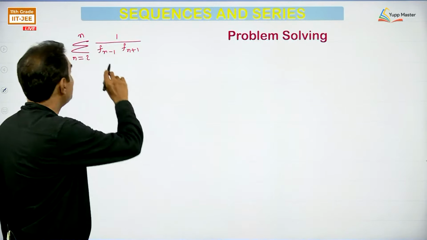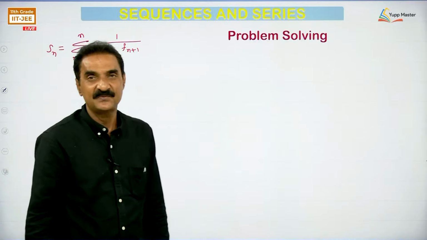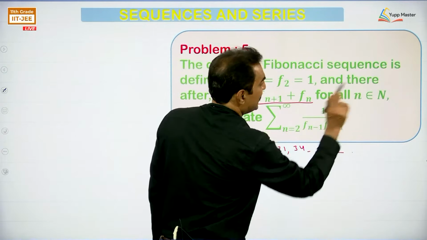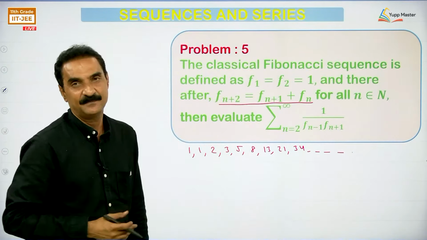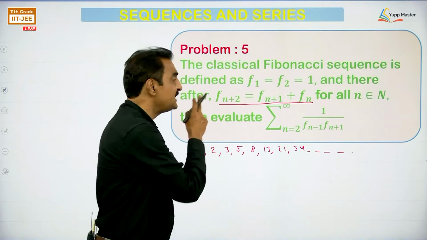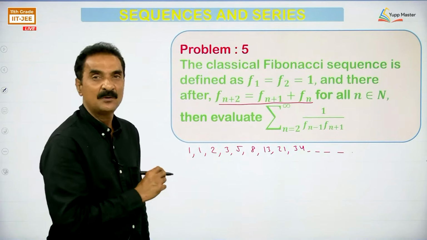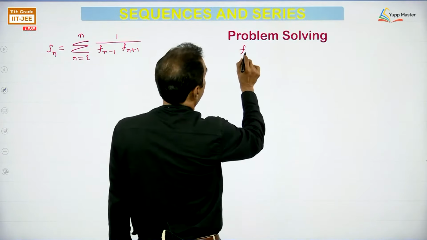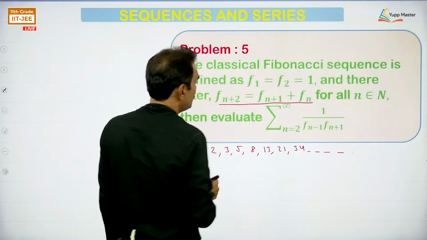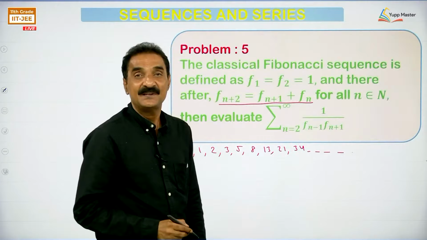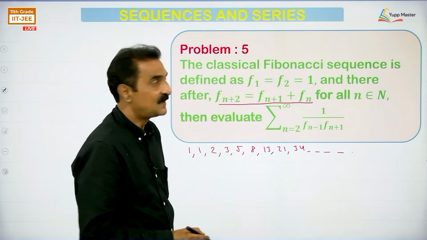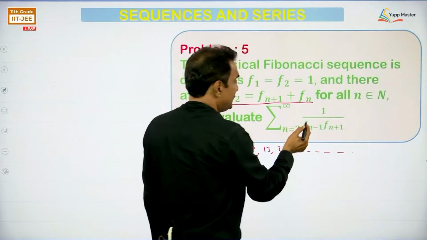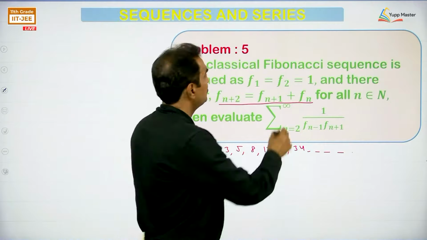And what is the relation between f(n-1) and f(n+1)? We have to observe. This is the relation for any value of n. You can replace n by anything. So, replacing n by n minus 1 on both sides, what will we get? f(n+2) becomes f(n+1), is equal to f(n+1) becomes f(n), replacing n by n minus 1, plus f(n) becomes f(n-1).